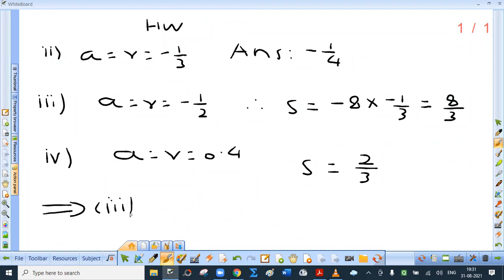Sum number 3 is sigma minus 8, minus half raised to r, r goes from 1 to infinity. Make this correction if there is any. Okay. So these are the answers. So that's it for today.